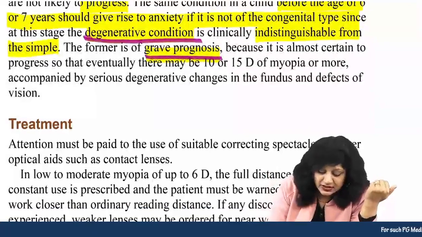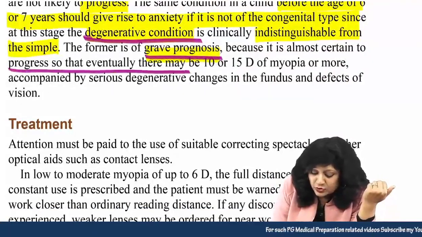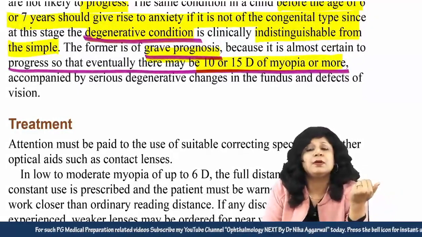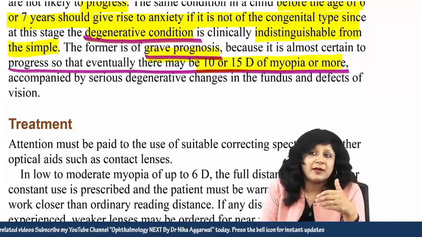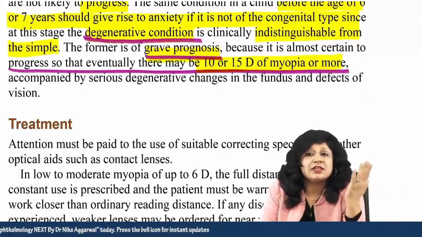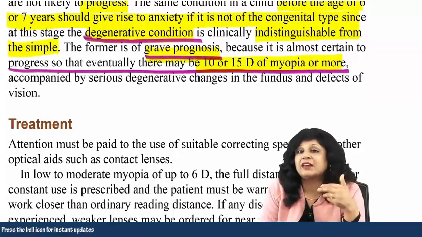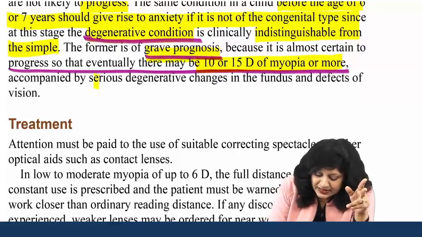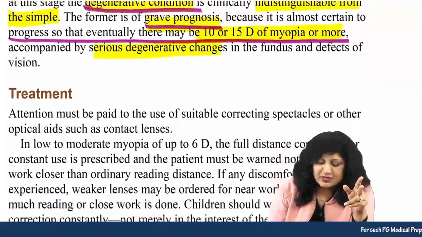Almost it is certain that it will progress to very, very high degrees of myopia, and more often than not, all those people who develop myopia less than 6 to 7 years usually are developing degenerative myopia, and it is going to a very high level, 10 to 15 diopters, accompanied by serious degenerative changes in the fundus and the defect of vision.